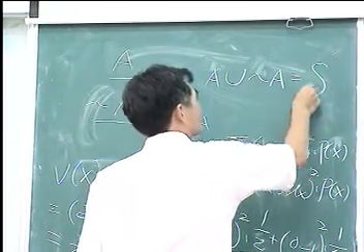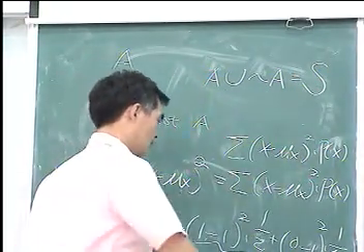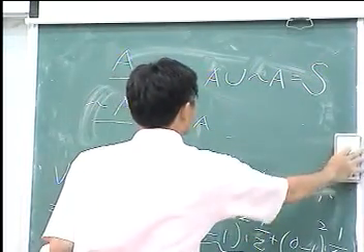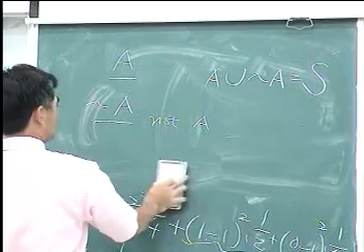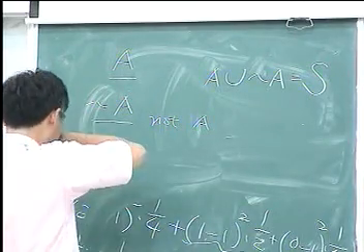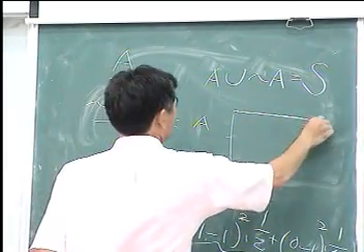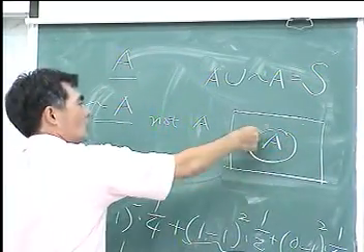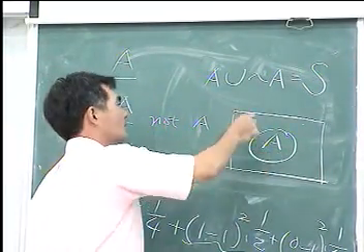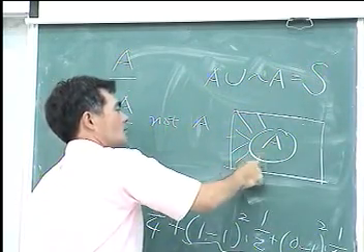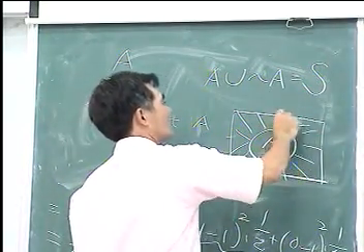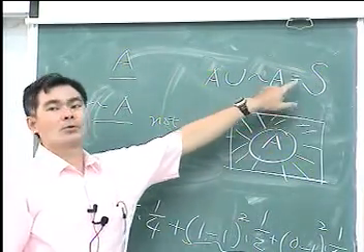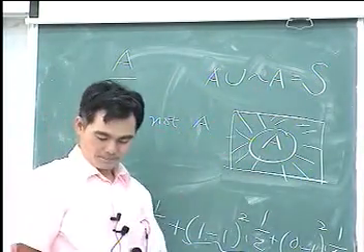The sample space, because if we draw a diagram, the whole circle is A, and not A is outside this circle. So A or not A is equal to the sample space.